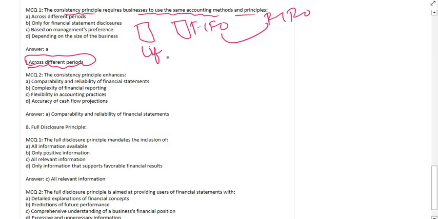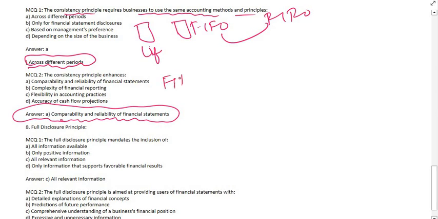The consistency principle enhances the comparability and the reliability of financial information.